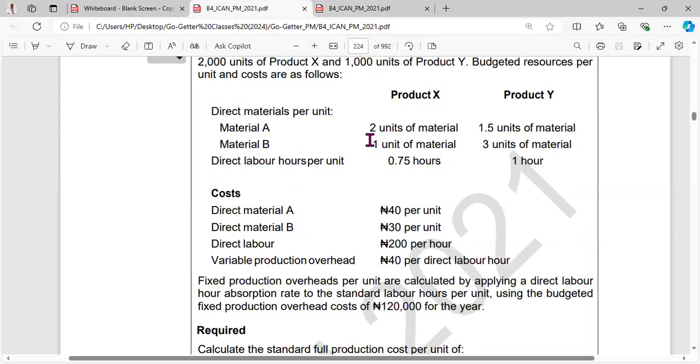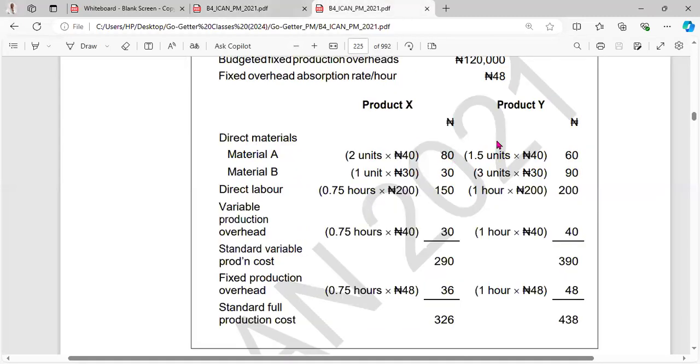So 40 times 2 will give me 80. And the same thing with Y, for material A, 1.5 times the same 40 naira, that is how much the purchasing manager is telling us he's buying material A. So this one is 80 naira, this one is 60.